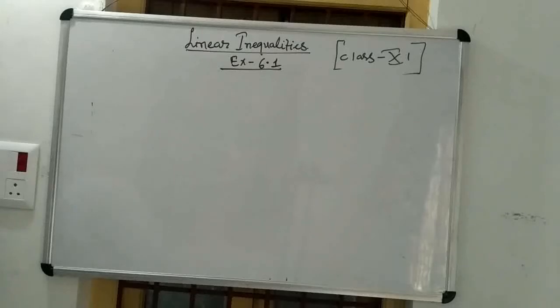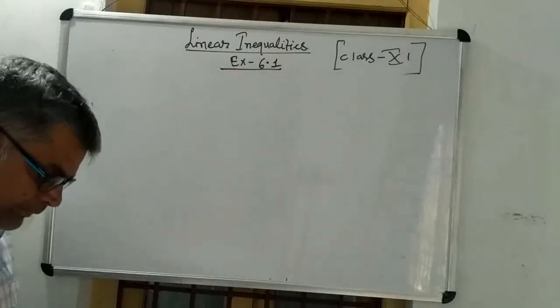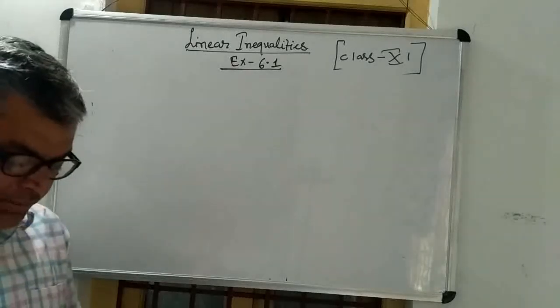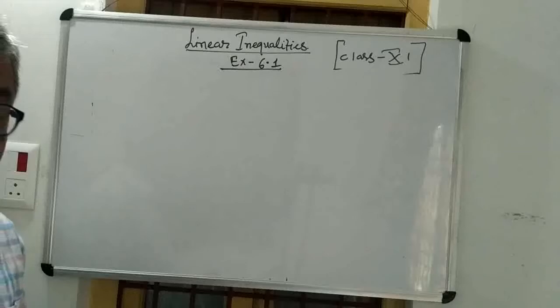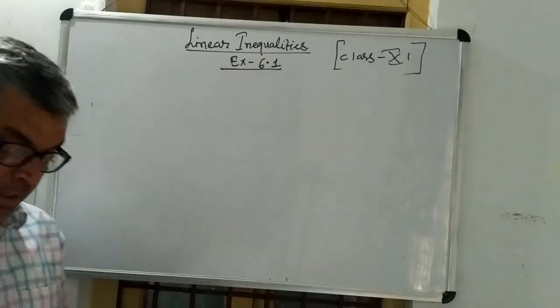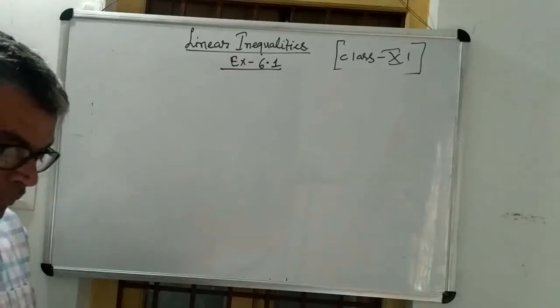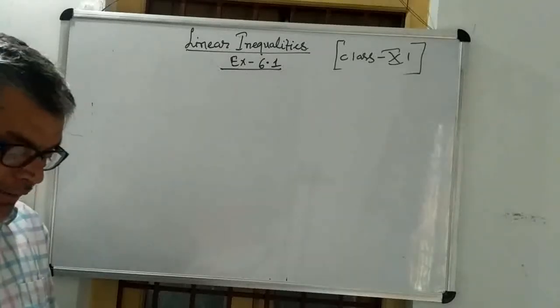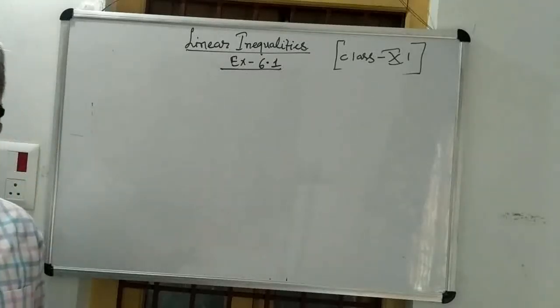Question number 23 says: find all pairs of consecutive odd positive integers, both of which are smaller than 10, such that their sum is more than 11.